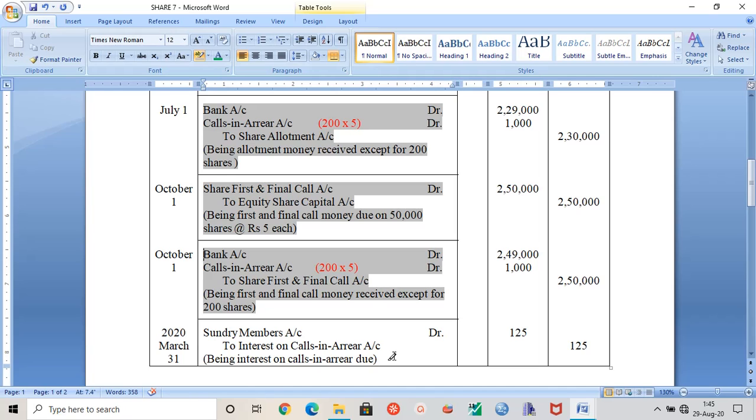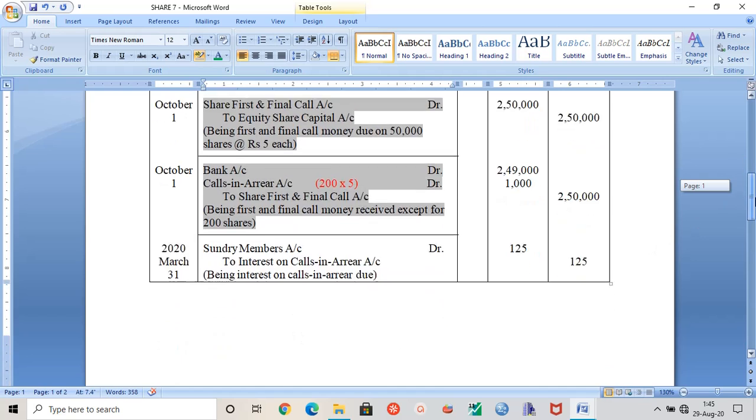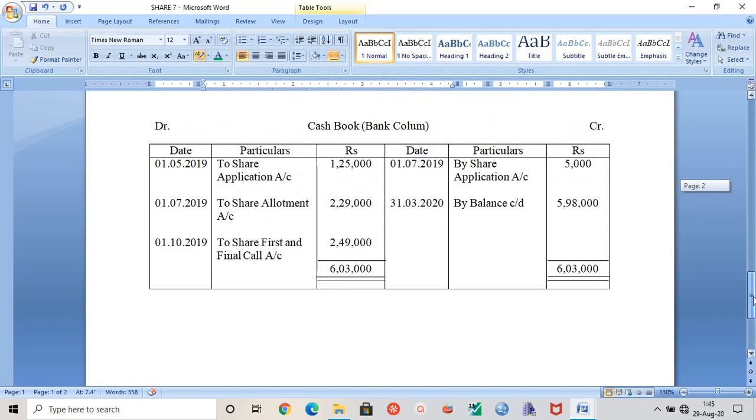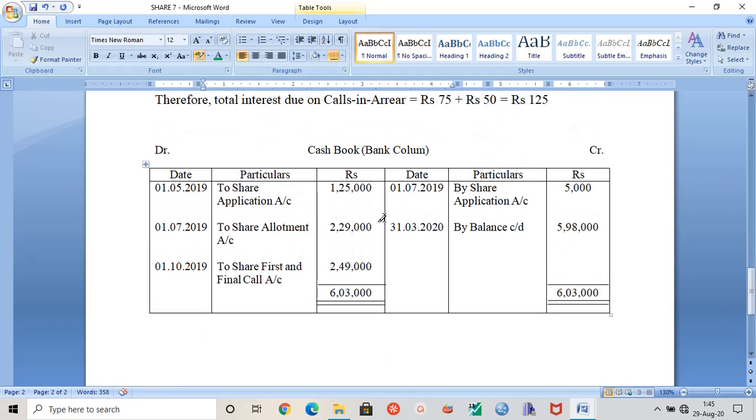We have to calculate this interest also. How is this interest calculated now? We have to prepare this cash book. The cash book preparation is very simple, but we have the date this time, so follow the date properly, which is from the journal.